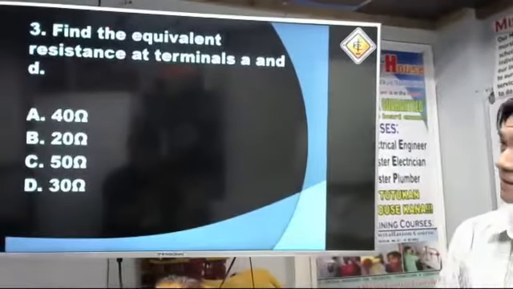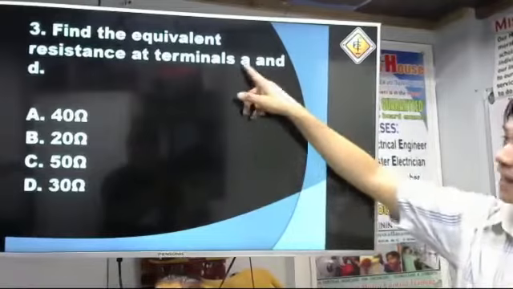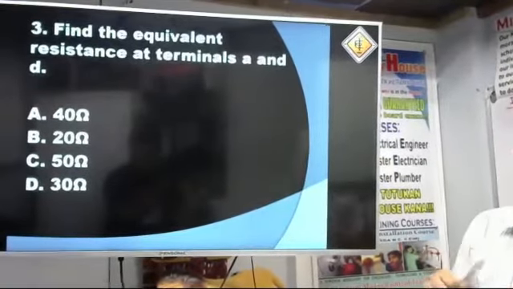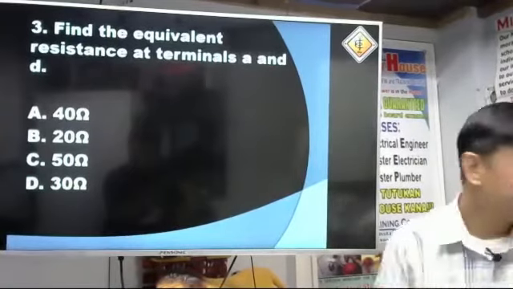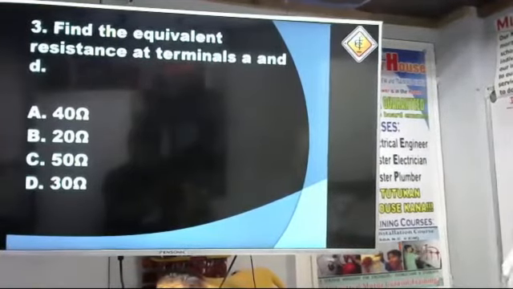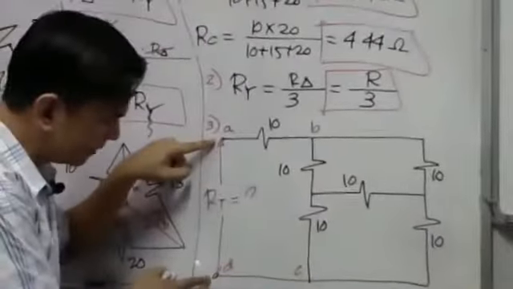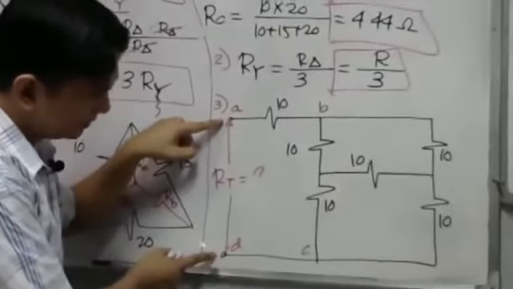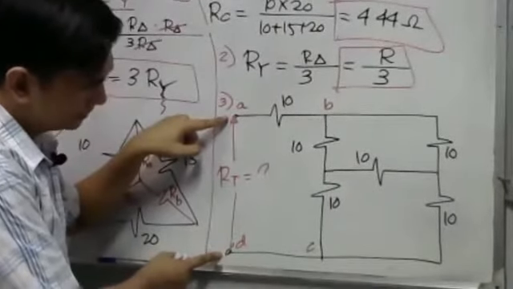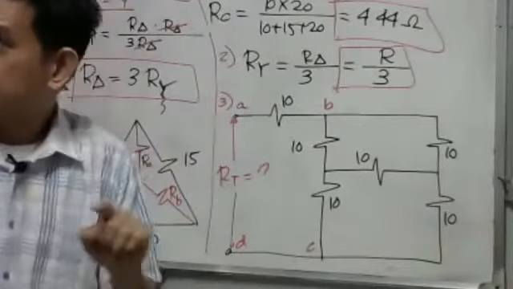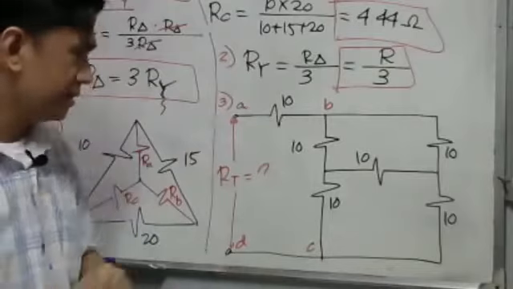Find the equivalent resistance at terminals A and D, these are the two terminals. What is the value of resistance here at terminals A and D?